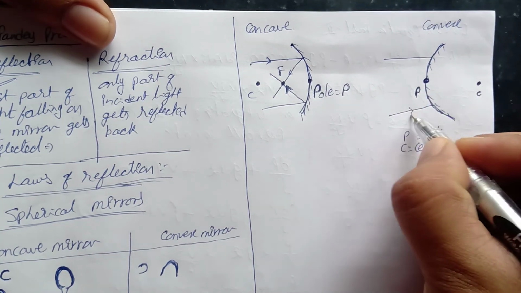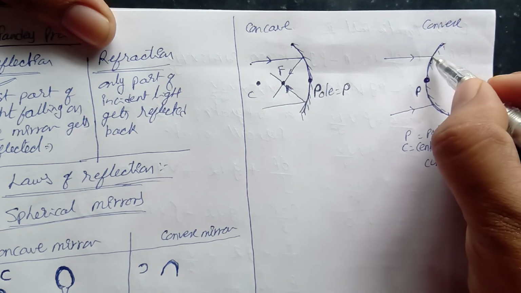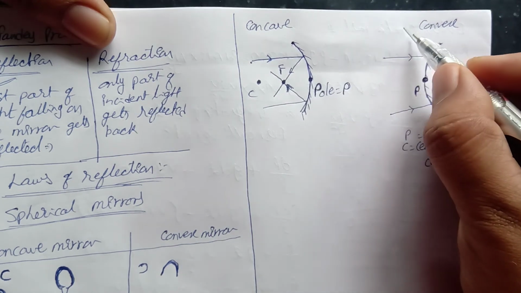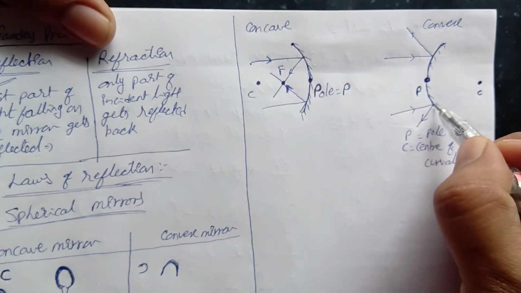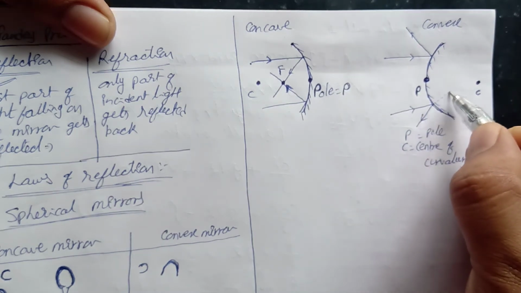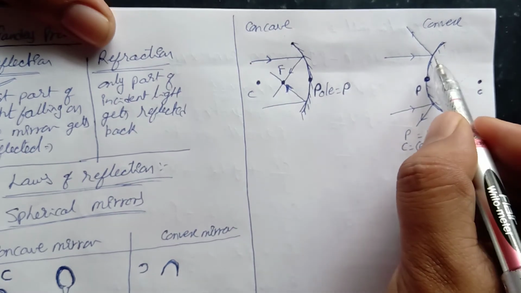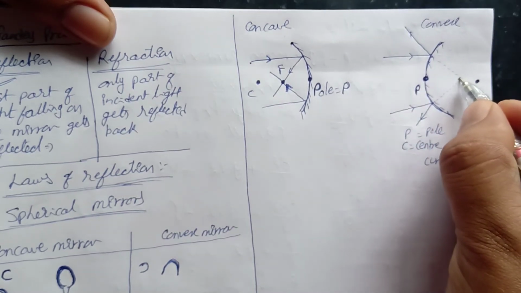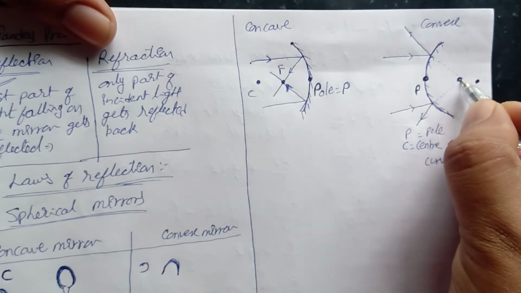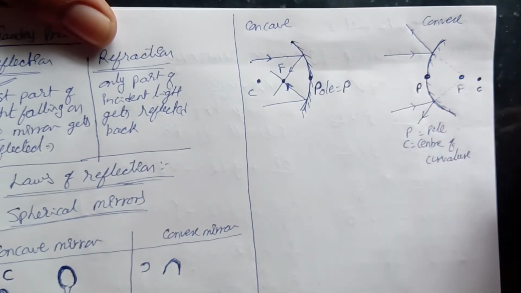If this is my incident light, it would get reflected back, but behind the mirror there would be a point F, focus.